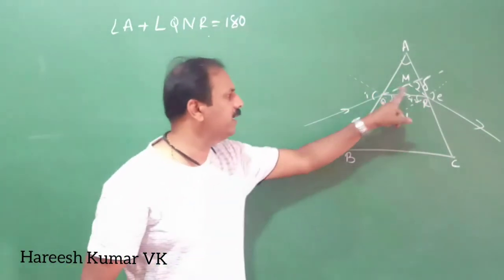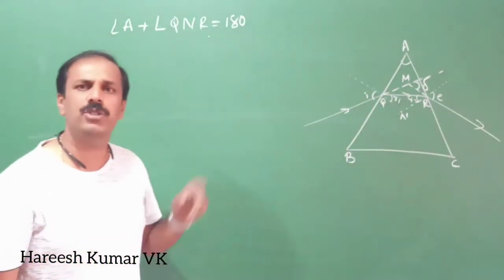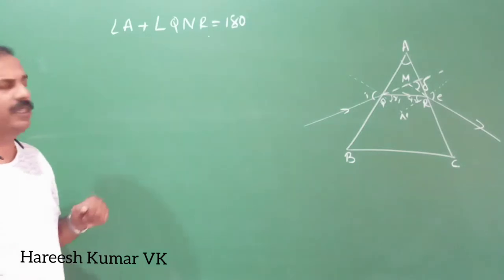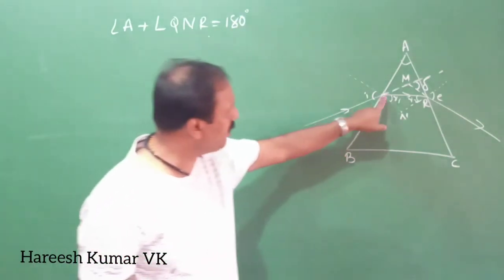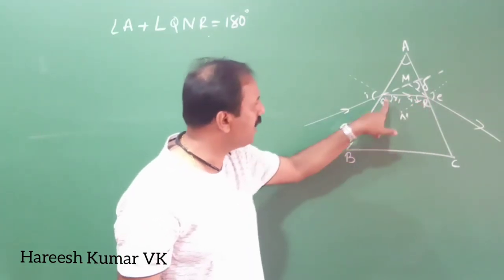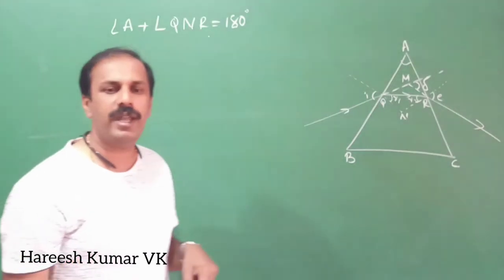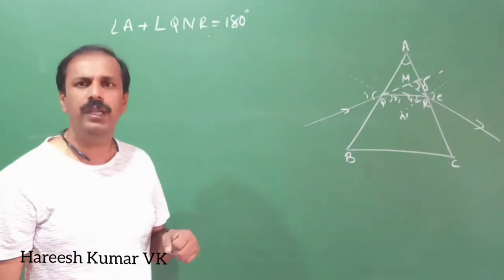Already 90 and 90 make 180, so the remaining two, if you add them, should be 180 degree. Now think about this small triangle QNR. If you take this triangle QNR, then all the angles, if you add them, should be 90 degree.